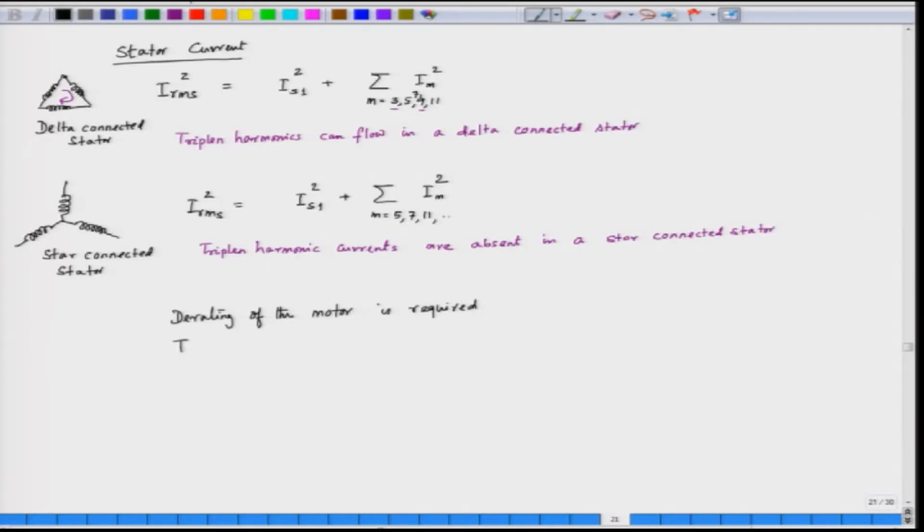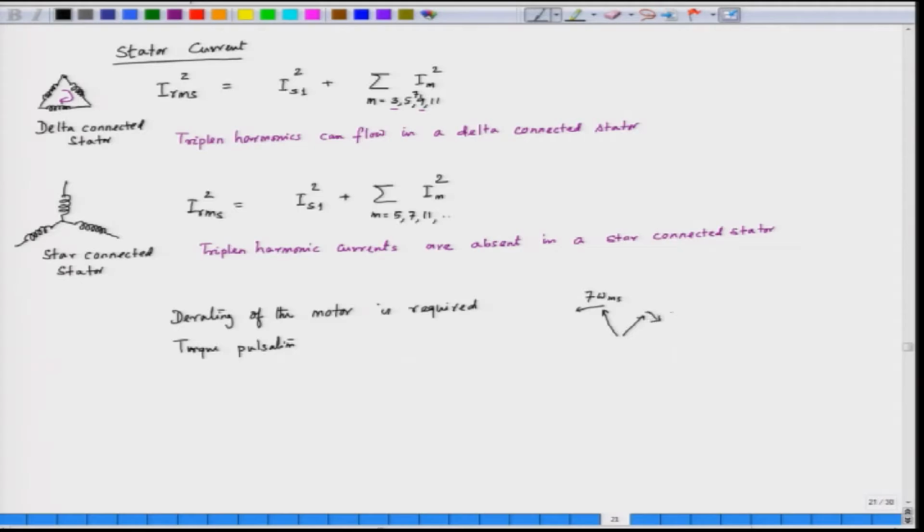And then there is torque pulsation, due to the interaction of, let us say, the 7th harmonic, which rotates in the forward direction, and the 5th harmonic, which rotates in the backward direction.